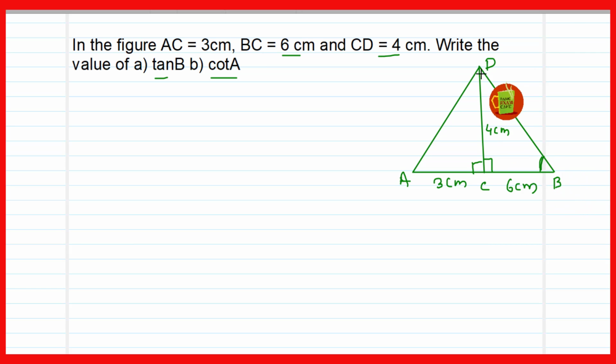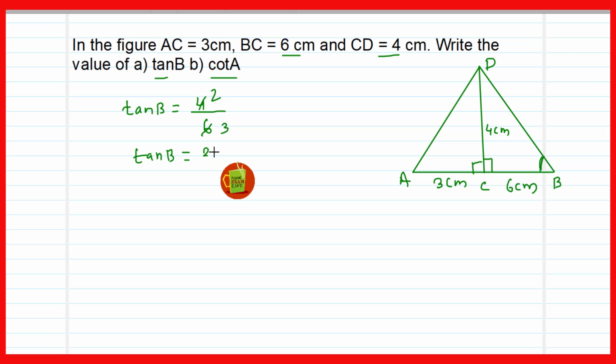This is the angle B. So tan B will be what? It will be opposite side upon adjacent side. So tan of B is equal to opposite side, that is 4, upon adjacent side, 6, and so tan B is equal to, 2 2s are 4, 2 3s are 6, so it will be 2 by 3.